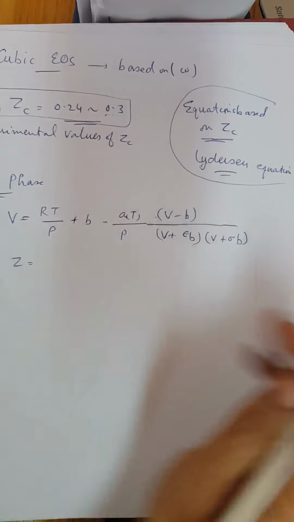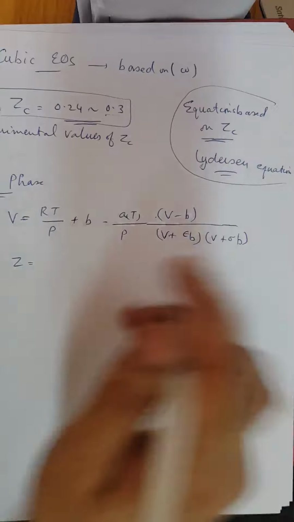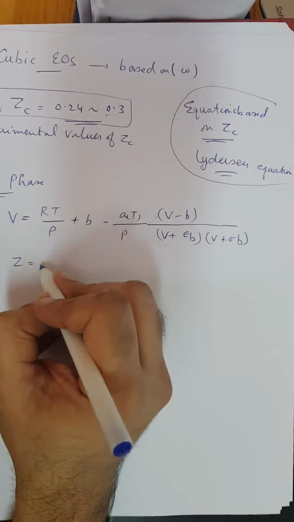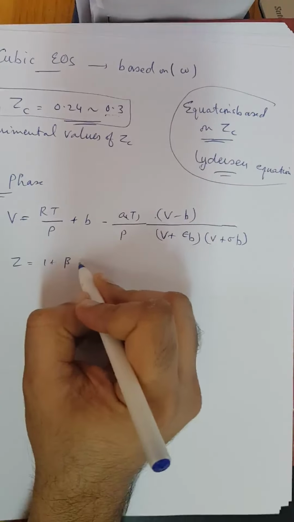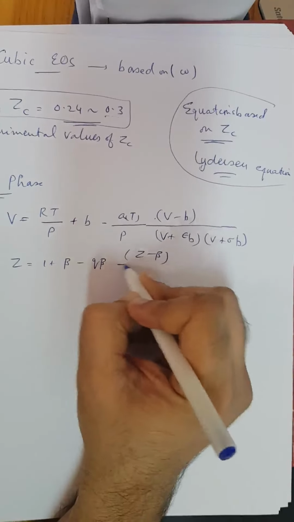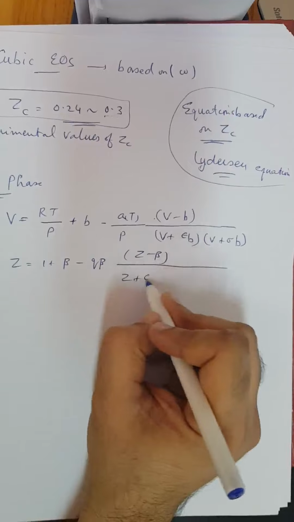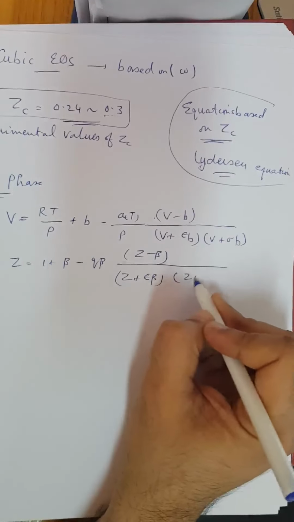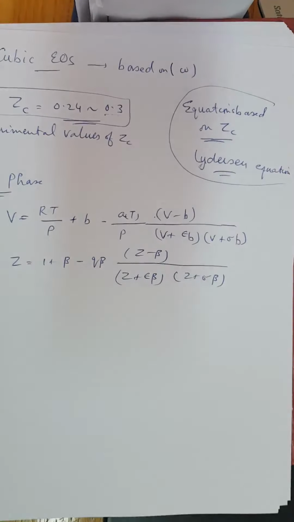Another form is in terms of the compressibility factor: Z = 1 + beta minus q beta (Z minus beta) over (Z plus epsilon beta)(Z plus sigma beta).